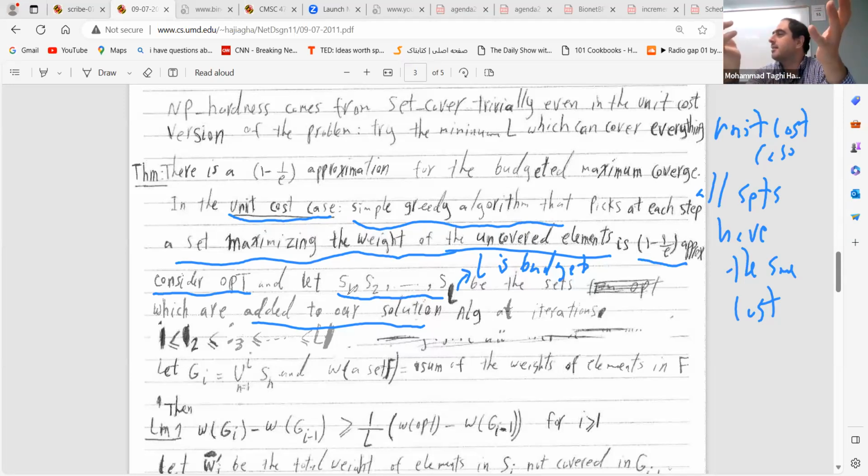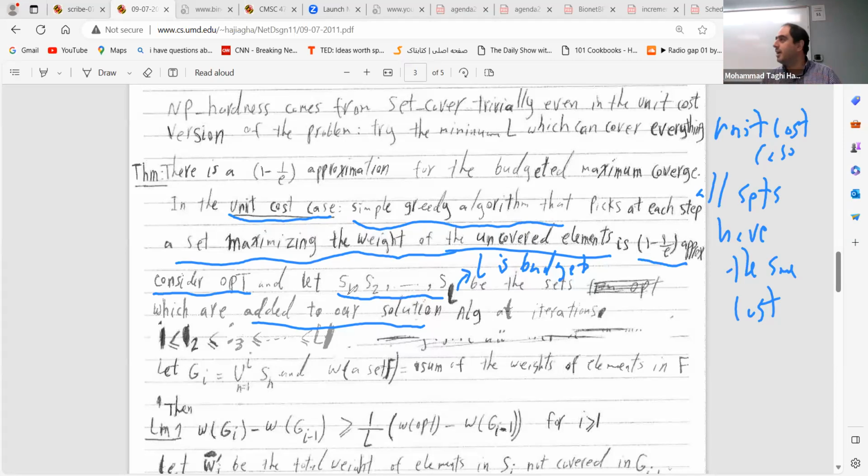It is not necessarily the case; the order that is given to us might be different. But without loss of generality, you can say that I am ordering the sets in this way: my greedy algorithm's first pick would be S1, the second one S2, and S3, and so on. That's a nice way to write it, because otherwise you need to say S_i1, S_i2, S_i3, and that makes the proof more complicated.